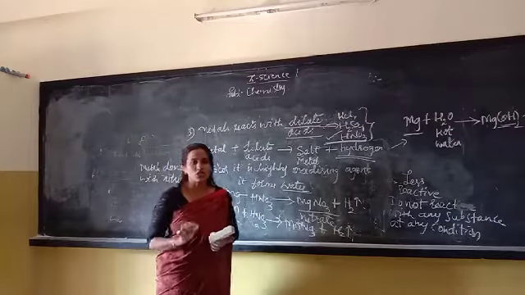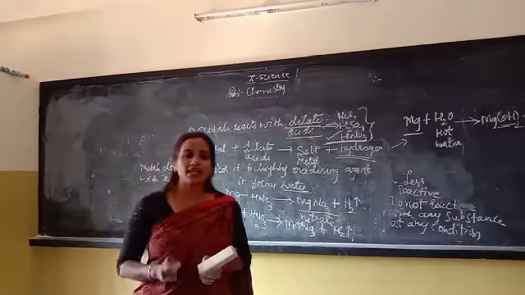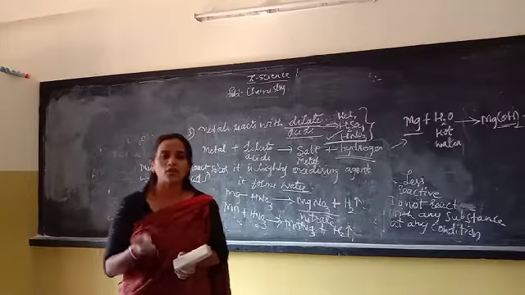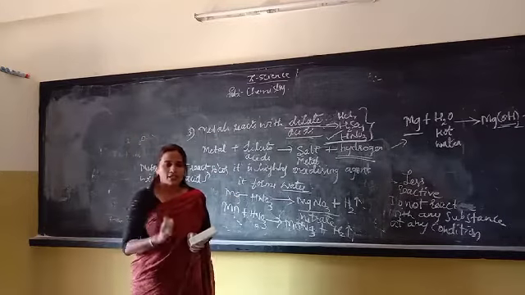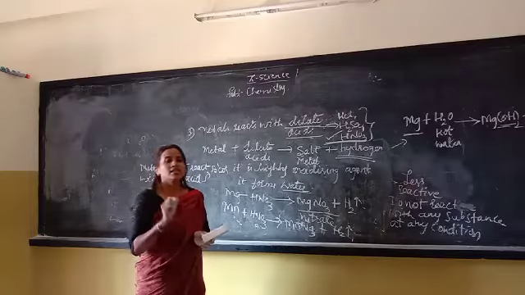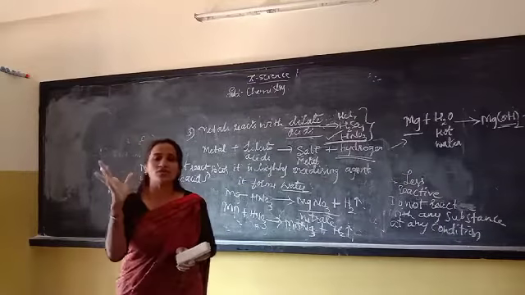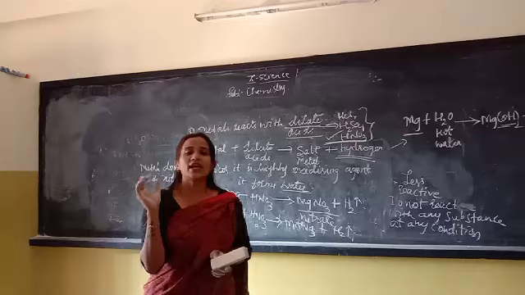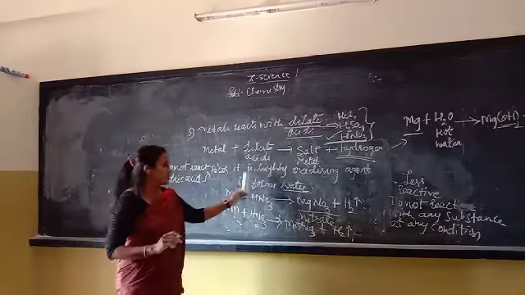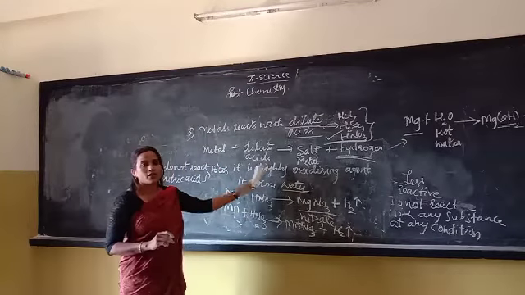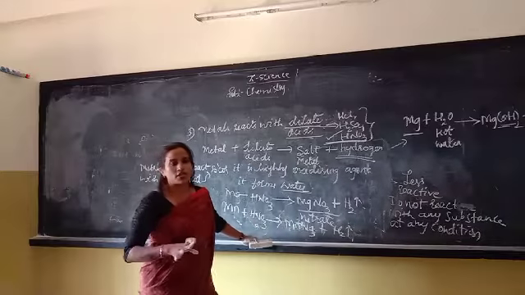If you get the question in your examination, why do metals not react with dilute nitric acid, the answer is that nitric acid is a highly oxidizing agent. When it reacts with oxygen, it forms water.